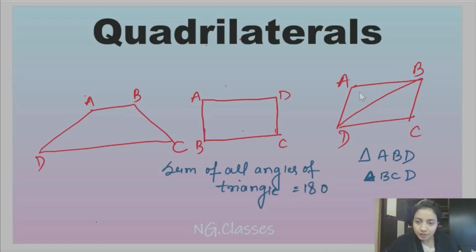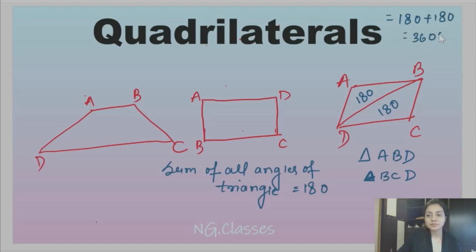So if I have divided this quadrilateral into 2 parts where I am getting 2 triangles, the sum of all the angles for this triangle ABD will be 180 and the sum of all the angles of this triangle, that is BCD, will be 180, right? Now what will be the sum of all the angles then? It will be 180 plus 180, that is 360 degrees.